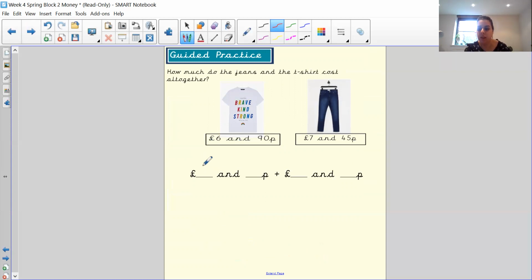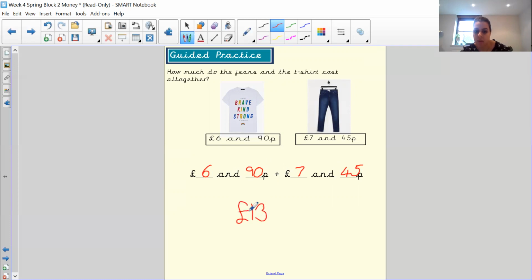So I'm going to be doing £6 and 90p, so putting it into our number sentence first to help us, and £7 and 45p, and we're adding those two together.